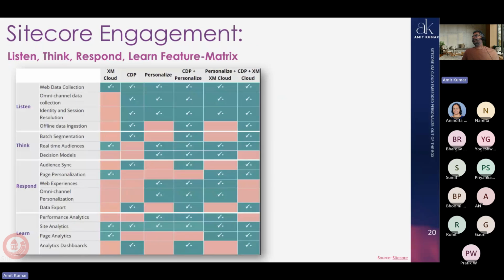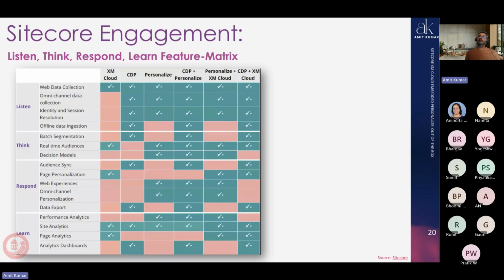This is also a very good matrix from the Sitecore side, which is helpful for you to identify how the comparison is happening in terms of listen, think, respond, and learn, like web data collection. Which channels are supported? XM Cloud embedded personalization does not support omni-channel, because it only provides support for the website, not the mobile application.